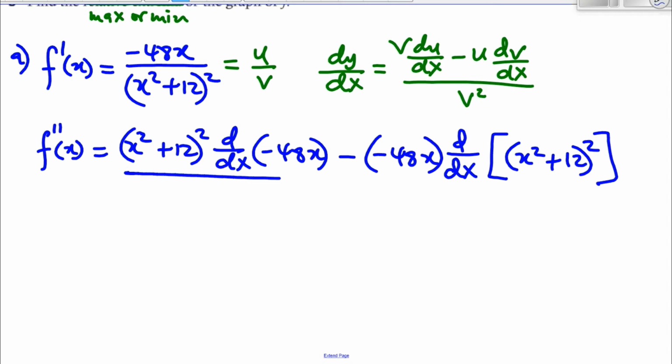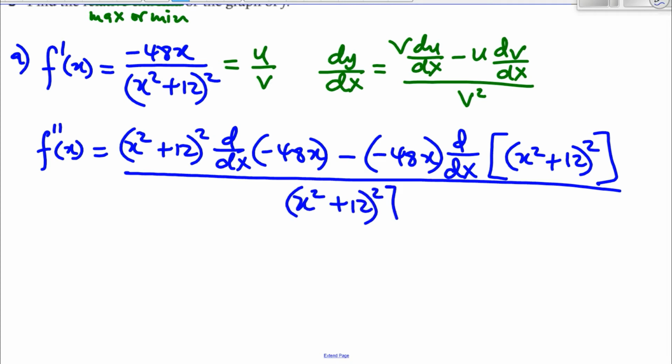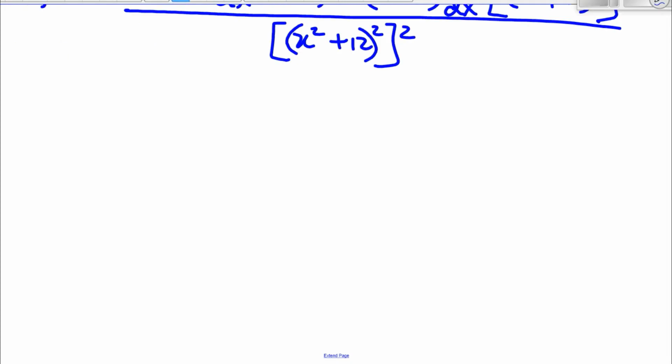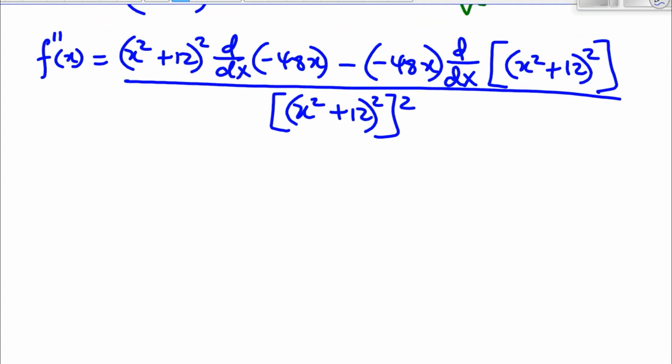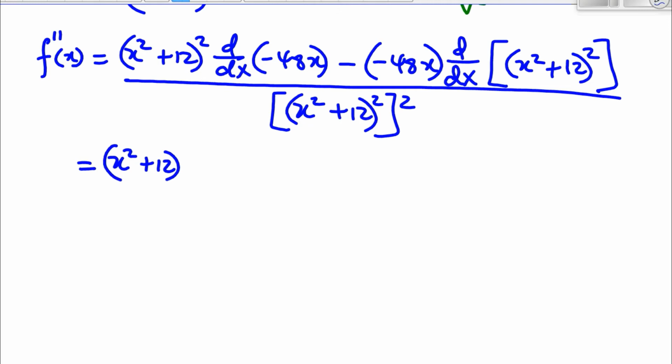All this over v squared, which is (x squared plus 12) squared squared. Okay, so we need to work this out, which leads us to the next step. So the next step will be (x squared plus 12) squared.